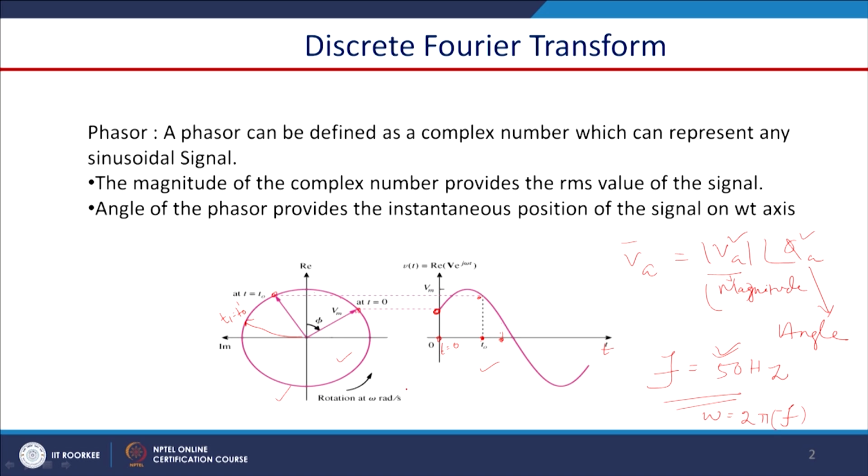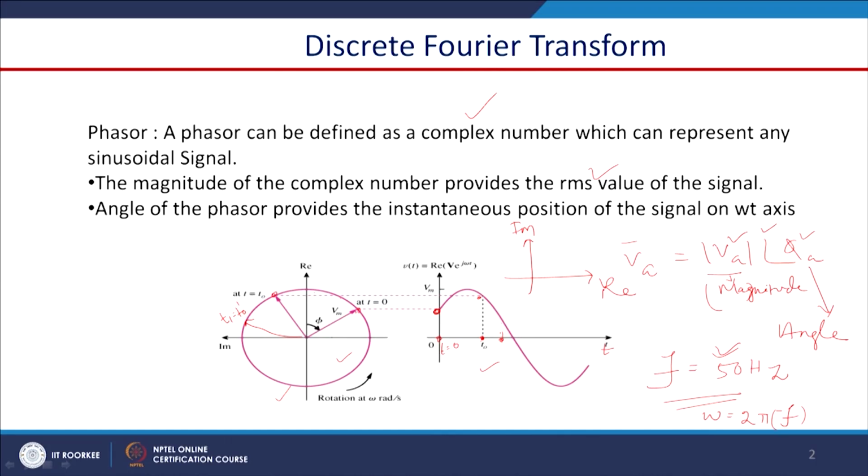Now, to represent the position, we sometimes also take this real axis and this imaginary axis. If I want to decompose this particular phasor, it is basically a complex number, where the magnitude provides the RMS value of the signal and the angle provides the instantaneous position of the signal.